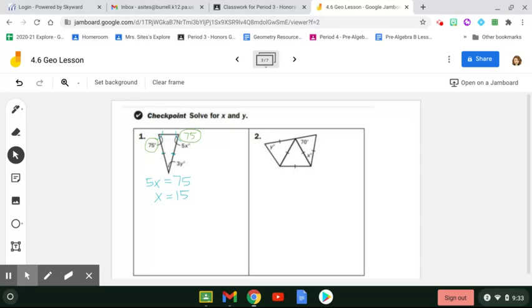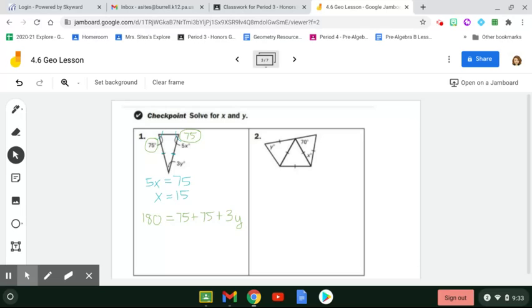Then I go by adding up the total to get 180 degrees. I know 180 is the total, and I know the other two angles are equal to 75. So 75 plus 75 plus the remaining angle, which is 3y, has to be equal to 180.